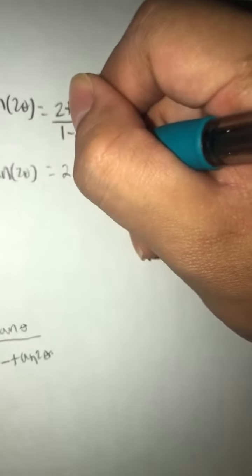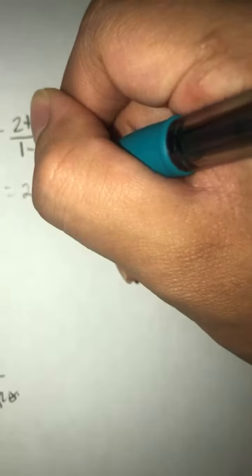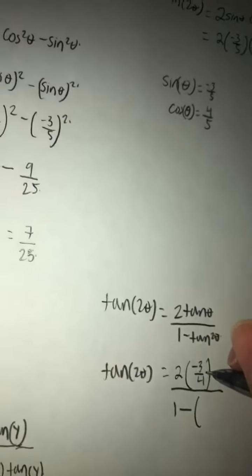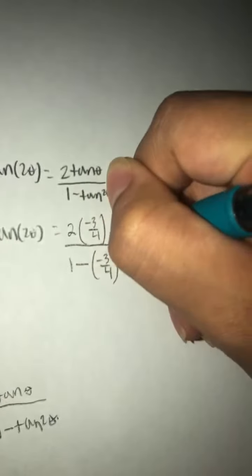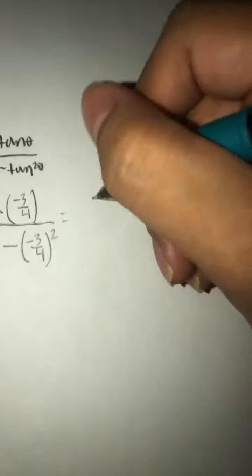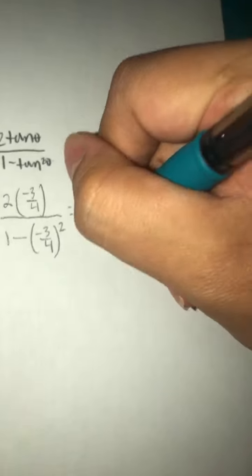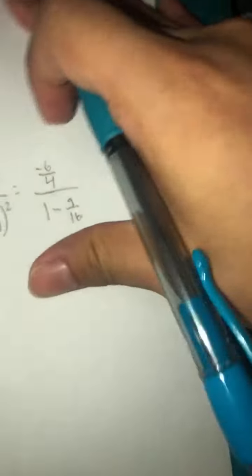So tan of 2 theta is equal to 2 times negative 3/4 over 1 minus tan squared theta, so negative 3/4 squared. This is going to give us negative 6/4 over 1 minus 9/16, okay?